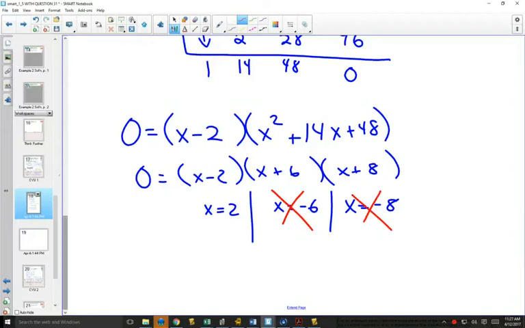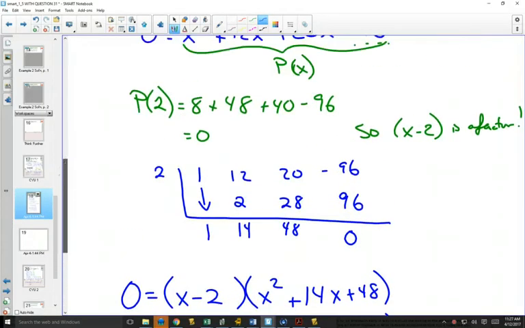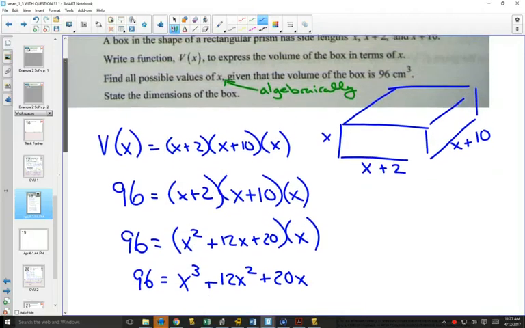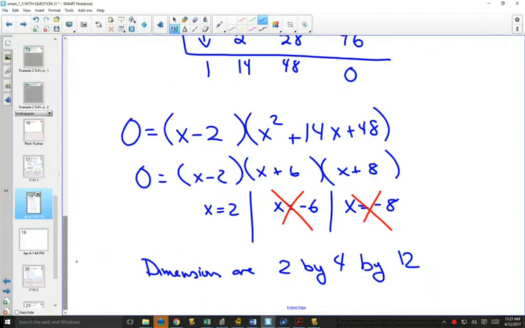So our only solution is x equals 2, and then the dimensions are 2 by 4 by 12. Were there centimeters or any units? Centimeters cubed is the volume, so add in centimeters, centimeters, centimeters.